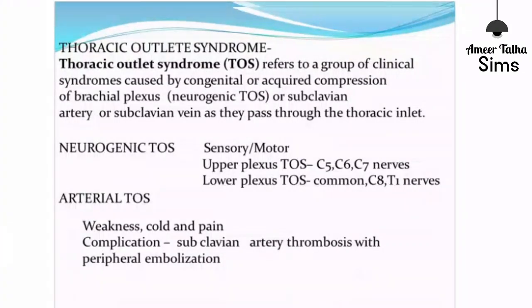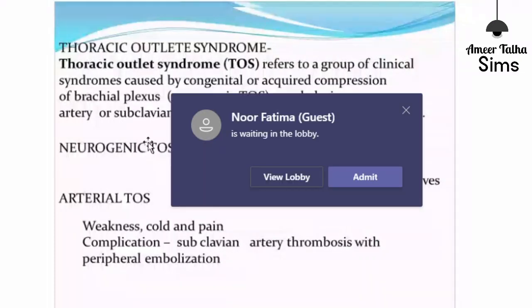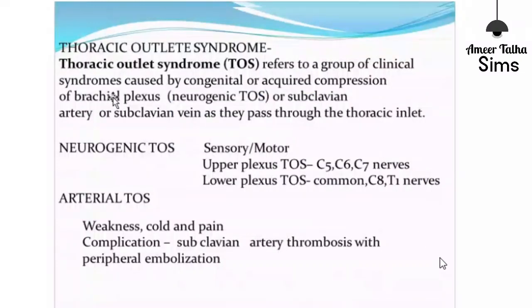बेटा अब यहाँ पे एक पॉइंट है कि ब्रेकियल प्लेक्सस एंड सबक्लेवियन वेन एंड सबक्लेवियन आर्टरी ये थोरेसिक इनलेट से पास हो रही हैं, जबकि हम यहाँ पे कह रहे हैं ये थोरेसिक आउटलेट सिंड्रोम है. बेटा फॉर द एनाटॉमी पॉइंट ऑफ व्यू, thoracic inlet is the superior thoracic aperture, while the thoracic outlet is the inferior thoracic aperture.